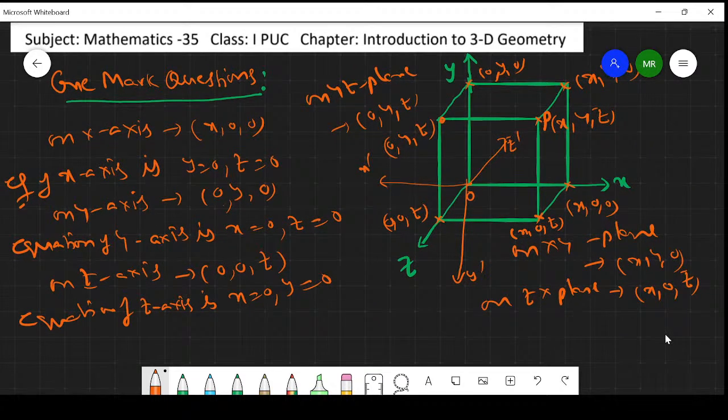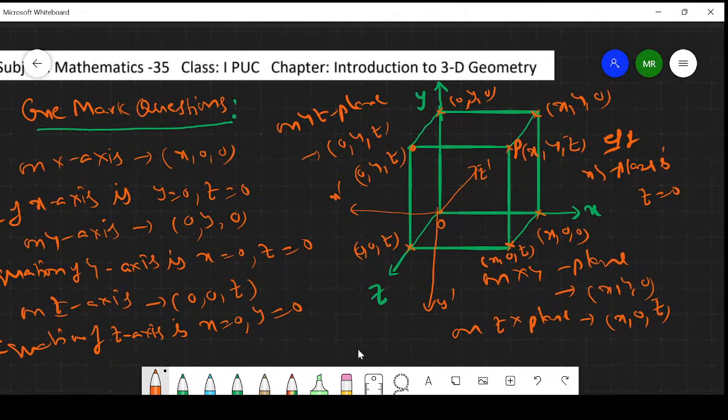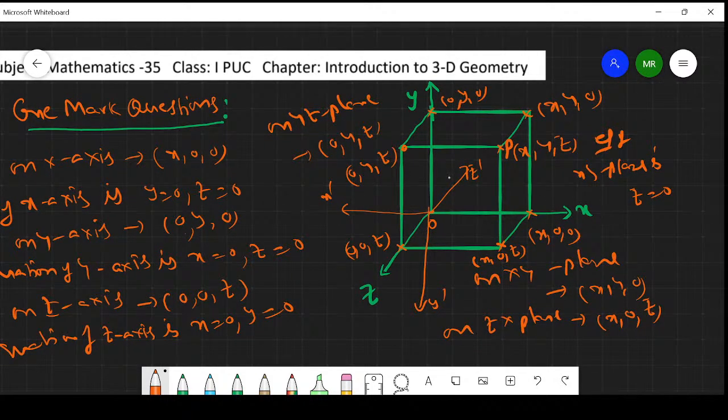Whenever they ask for the equation of the xy plane, remember, it is z equal to 0.